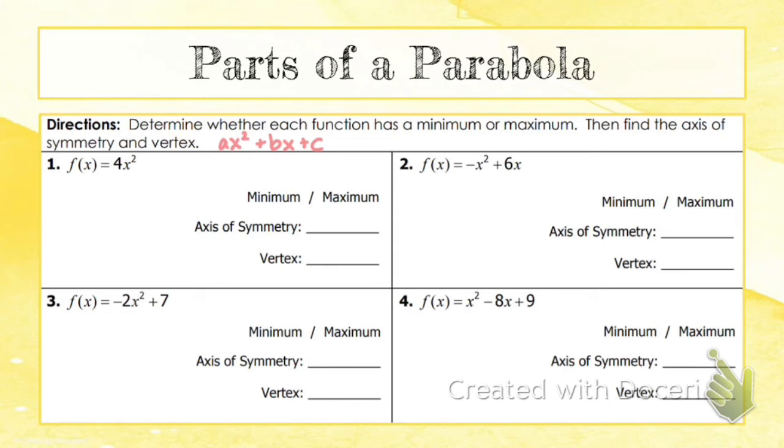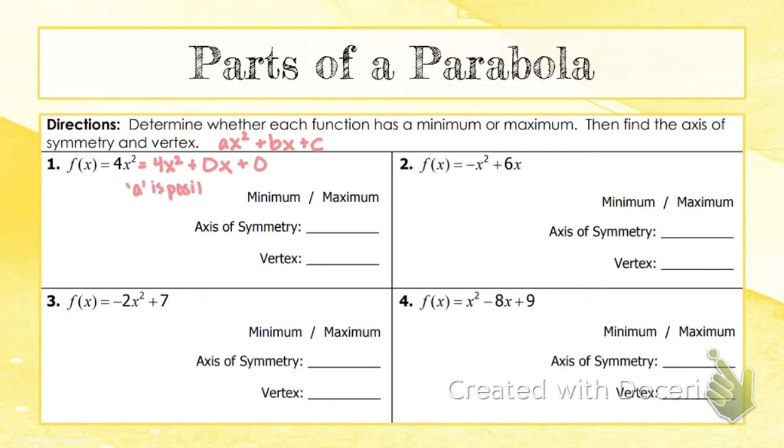If we wanted to make this look a little bit more like this, it would be 4x squared plus 0x plus 0. So when you're missing terms, those coefficients are zeros.